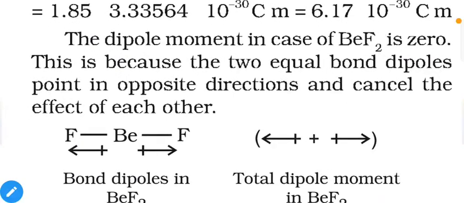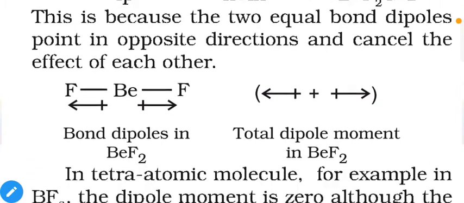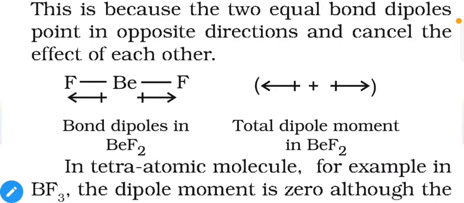The dipole moment in case of BeF2 is 0. Although the Be-F bond is polar, the overall dipole moment of BeF2 will be 0. Why? Because it depends on spatial arrangement, and the shape of BeF2 is linear. So both of the fluorines will try to attract the electron pair towards them.